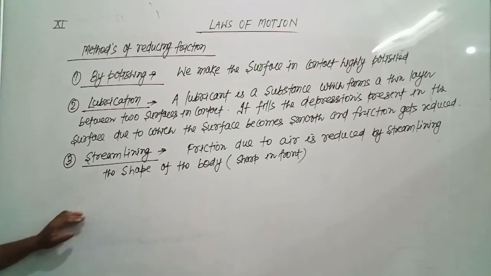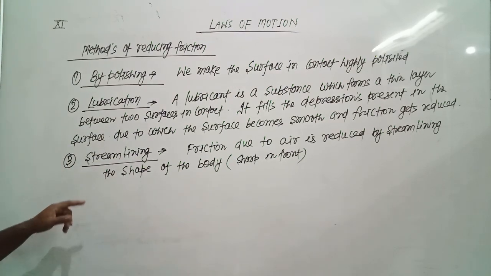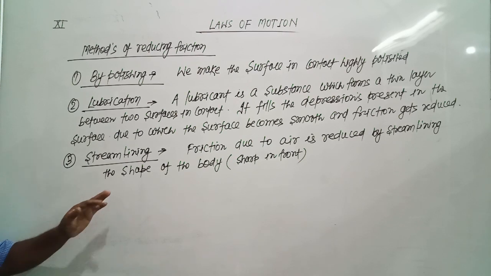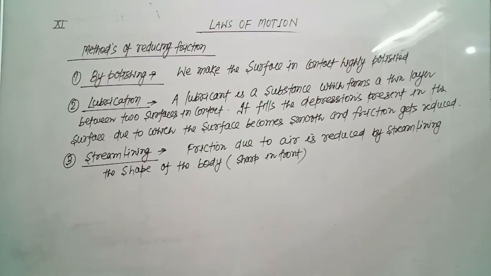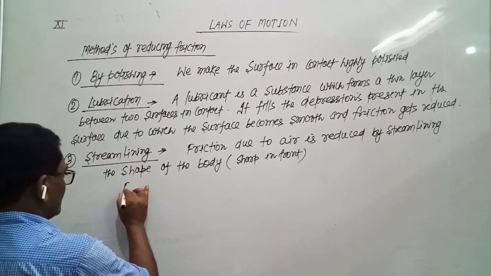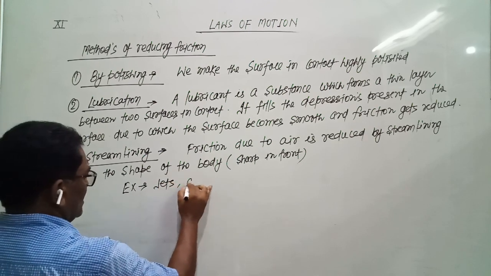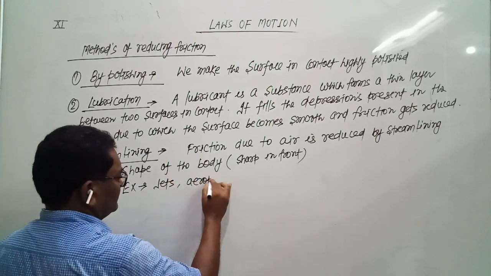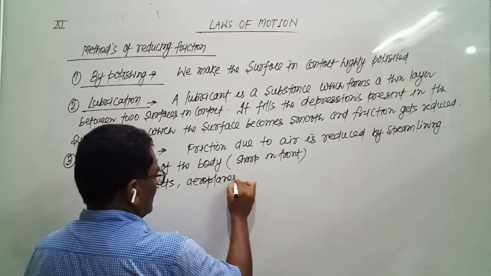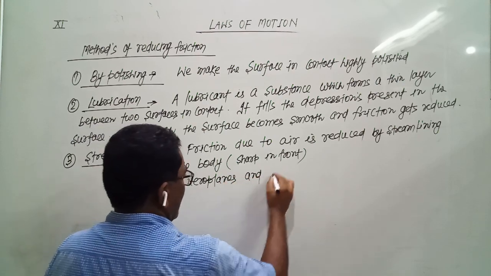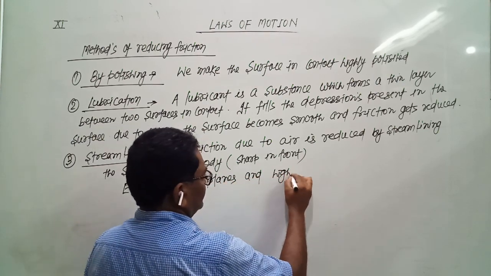So the friction due to air is reduced by streamlining the shape of the body. Streamlining shape means sharp in front. As for example, jets, aeroplanes, and high racing cars.